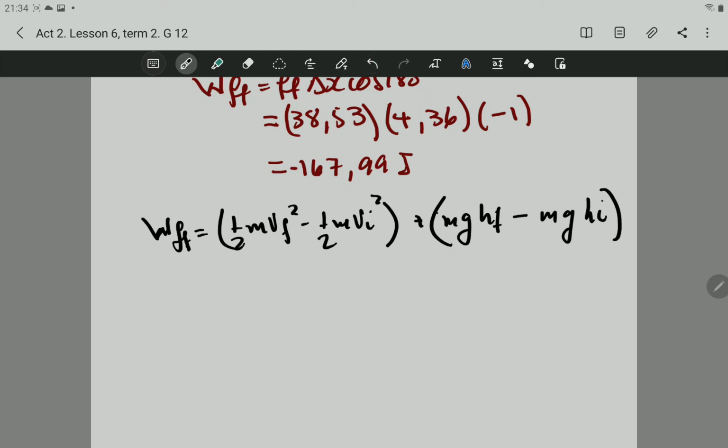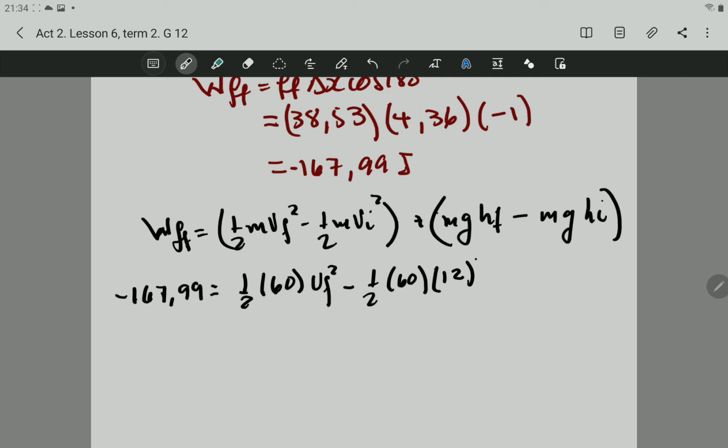All right, so let's substitute the numerical values. We have the work done by frictional force is negative 167,99, and this is equal to half multiplied by the mass, which is 60, multiplied by the final speed square, that is what we're looking for, minus half multiplied by 60 multiplied by the initial speed square, which is 12 square.